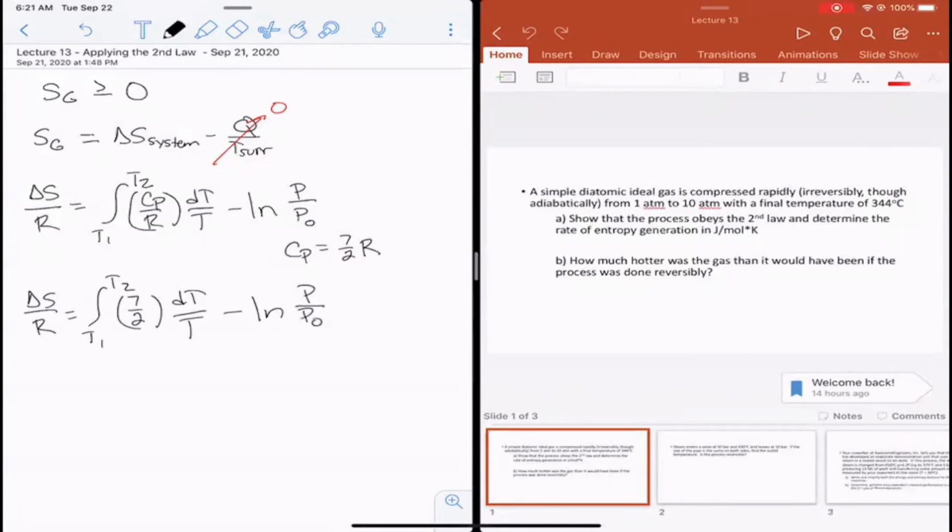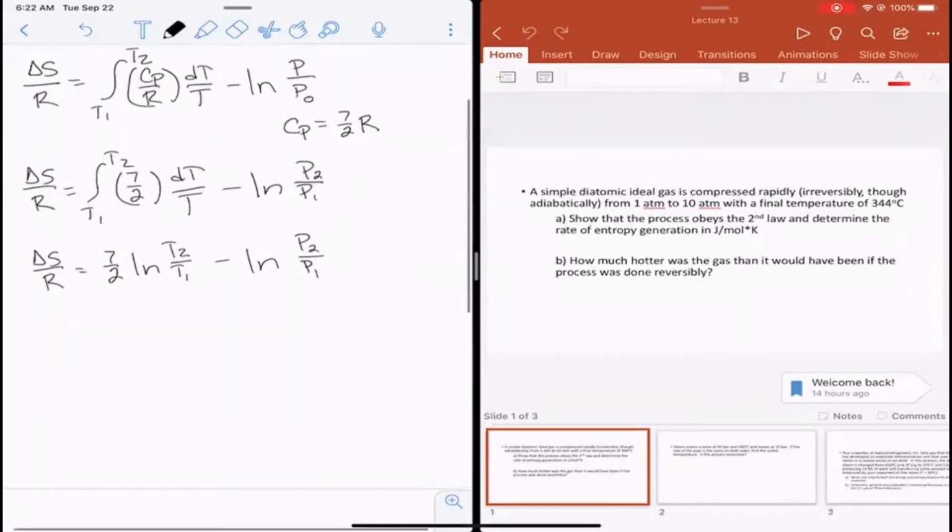And if we take that integral with regards to temperature, we get that the change in the entropy divided by R is equal to 7/2 times the natural log of T2 over T1 minus the natural log of, and if I'll be a little consistent here with the units, I apologize, that's P2 divided by P1. So we have enough information to solve this problem.